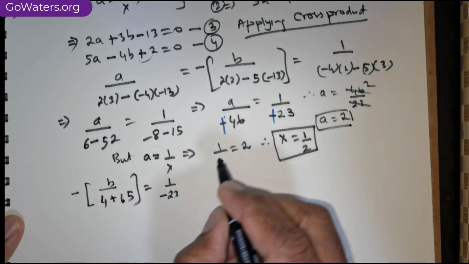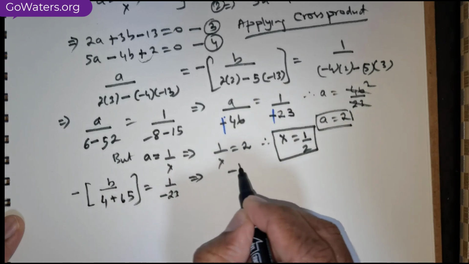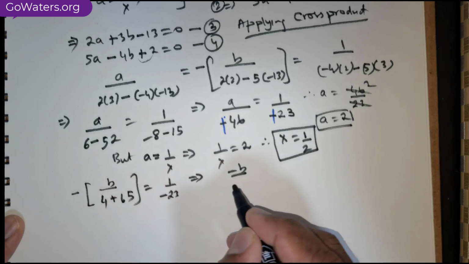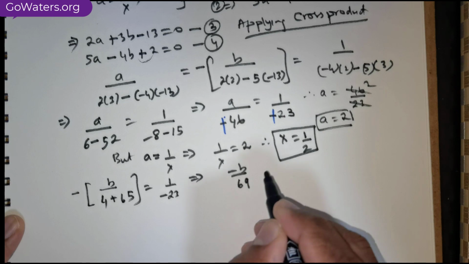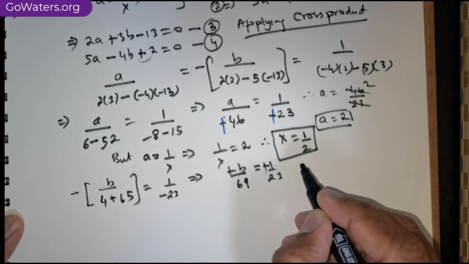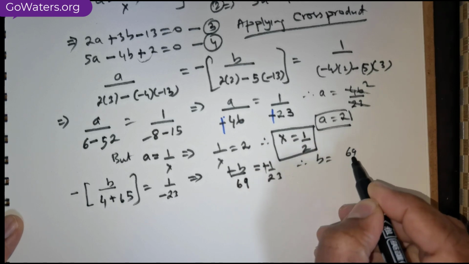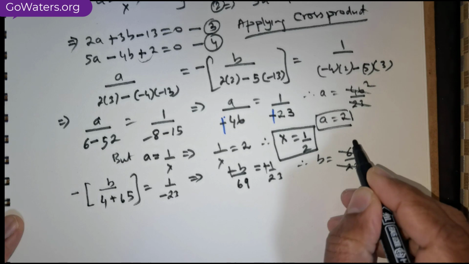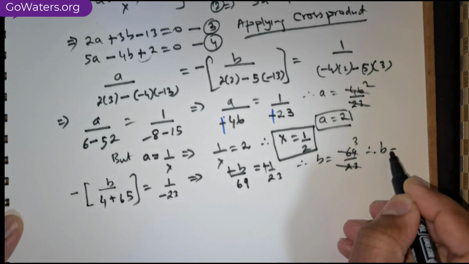We have found that out. So this would mean you got negative b over, this is 4 added with 65, that's going to be 69, is equal to negative 1 over 23. These two negative signs will be dropped. So therefore b is equal to 69 divided by 23, which is 23 divides here 3 times. Therefore the value of b is equal to 3.